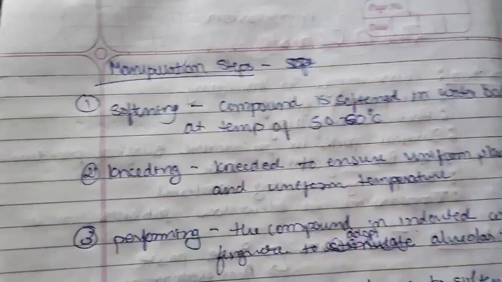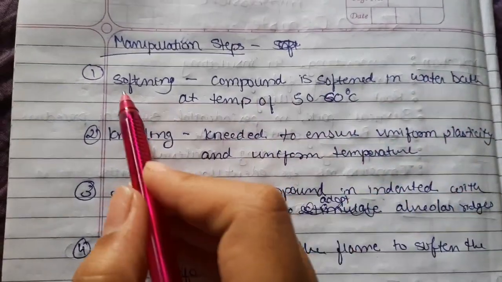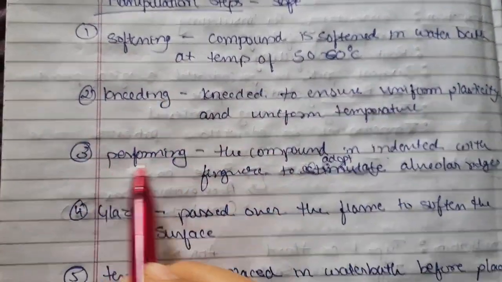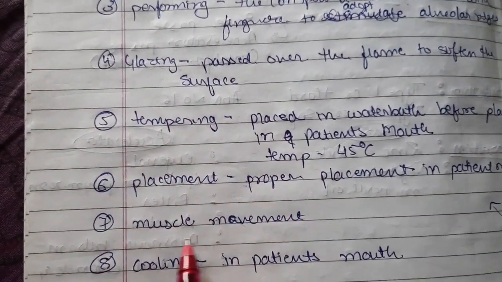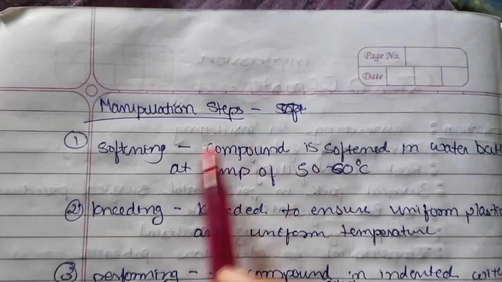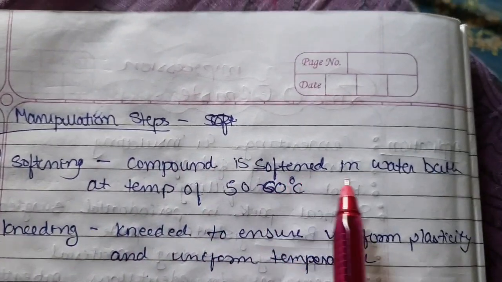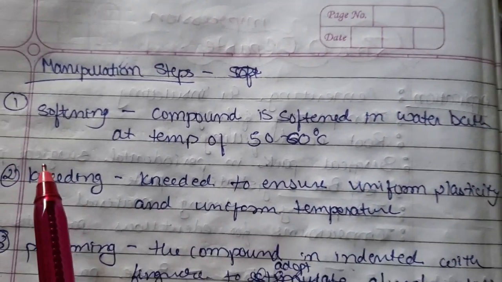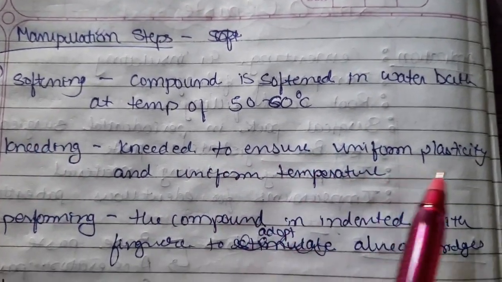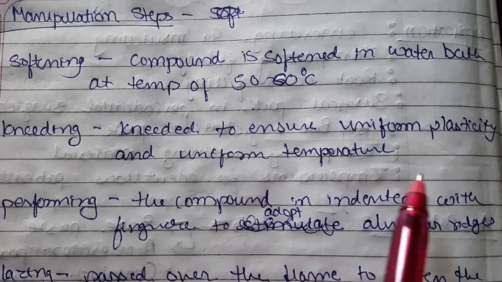Then manipulation. There are several steps to manipulate impression compound: softening, kneading, forming, glazing, tempering, placement, muscle movement and cooling. Softening: the compound is softened in a water bath at a temperature of 50 to 60 degrees centigrade. Kneading is needed to ensure uniform plasticity and uniform temperature.